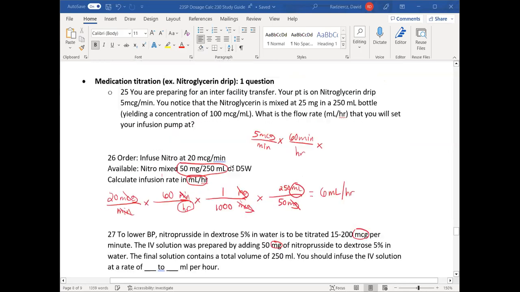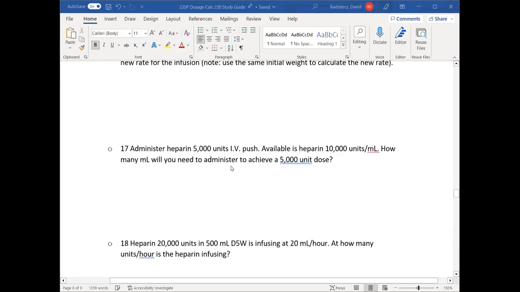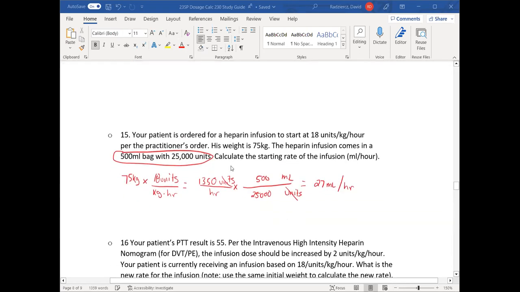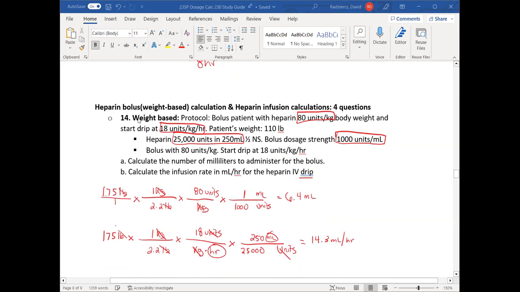Just to kind of frustrate you a little bit, Allegheny campus, this is kind of what the Boyce campus version would look like. And then possibly similar is the North campus, where your heparin protocol will look more like this, where it'll tell you bolus the patient, it'll give you the availables, and then it'll tell you to calculate the bolus, calculate the IV drip.